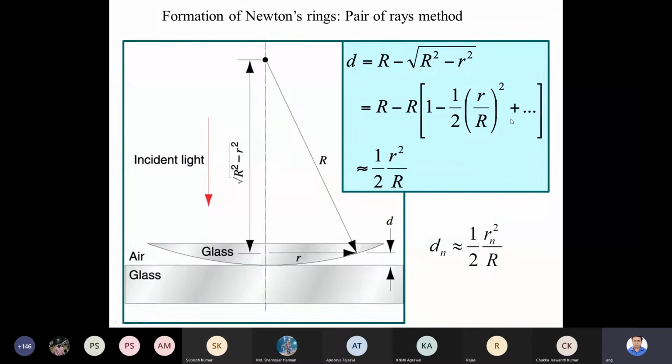Then you can do the Taylor expansion and approximate to first order, then you will get d as half small r square upon capital R. Now we are giving some index here, dn. So this will be half rn square by R, and here we are not giving any index to R. This capital R is a constant for the convex lens.